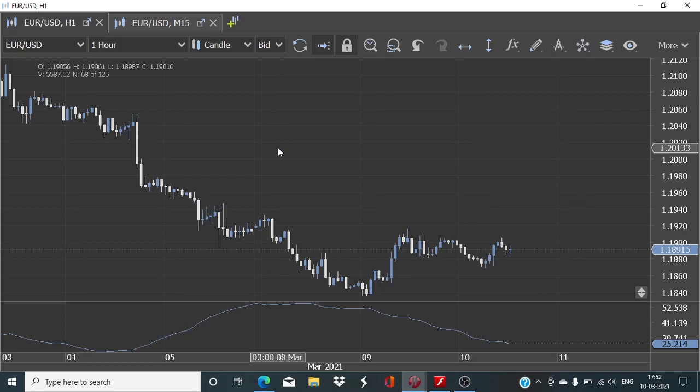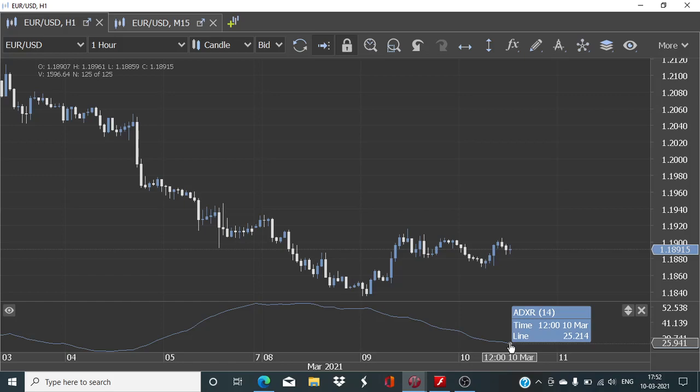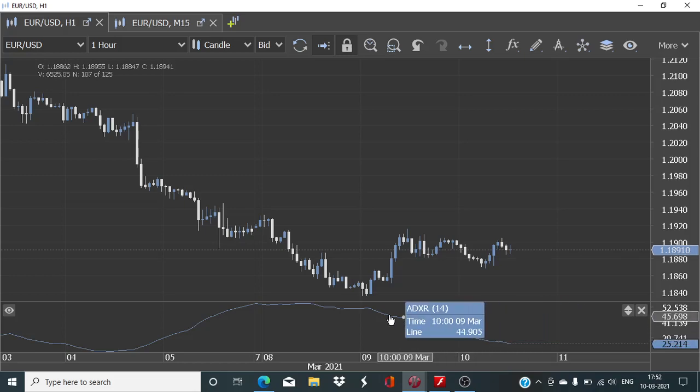So this is the Euro USD chart on the hourly time frame, and I have plotted the ADXR on the 14 time period. So it will be taking the hourly data of the Euro USD for the last 14 candle periods and utilizing the data, it will plot these output values.